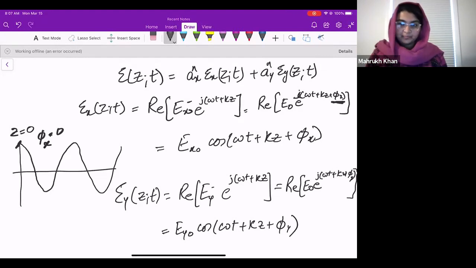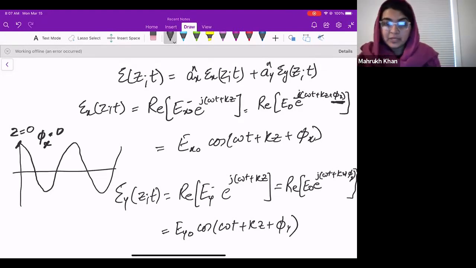In this scenario, phi x and phi y are the two phases of the two components. Now, how do we know that these components are making it a linearly polarized, circularly polarized, or elliptically polarized signal? We will know that.